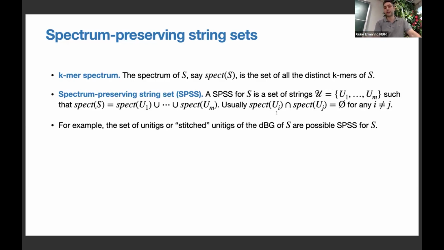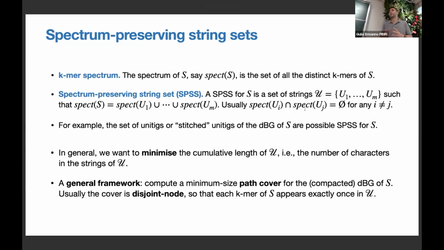And this is a very nice property to have for our dictionary of k-mers, because if we store the SPSS, I know that any k-mer of my original set, if present, is present in just one string. So I have to understand which string I have to look it up. All right, so for example, the set of unitigs of the compacted de Bruijn graph or the stitched unitigs we just saw are possible SPSS for S, which also have this property here. It's very easy to see.